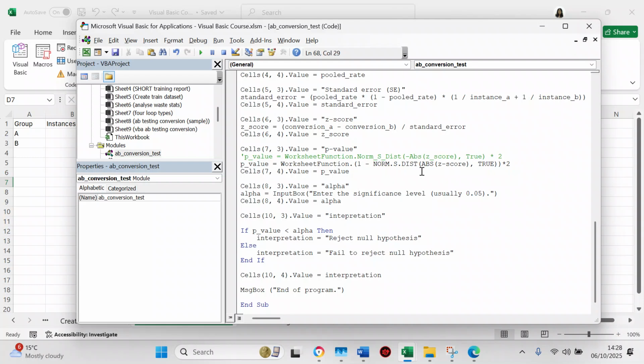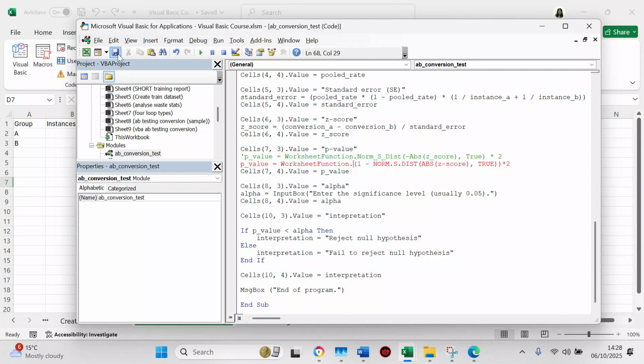One minus Norm.S.Dist. Let's see what happens. But it's saying 1 minus Norm.S.Dist of Abs(z-score), comma, True, times 2. And so it's not letting me do it that way.